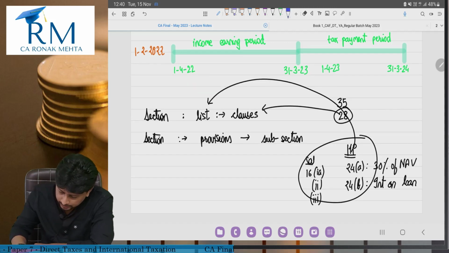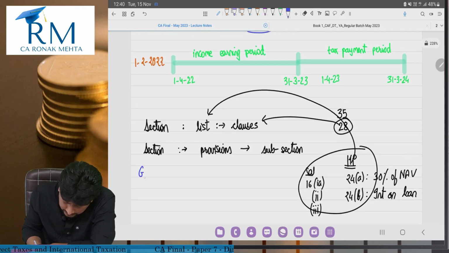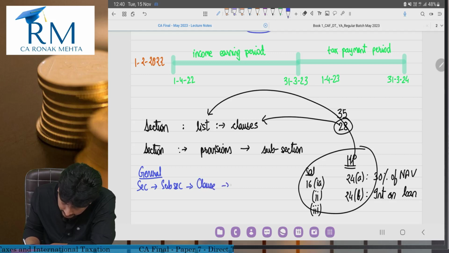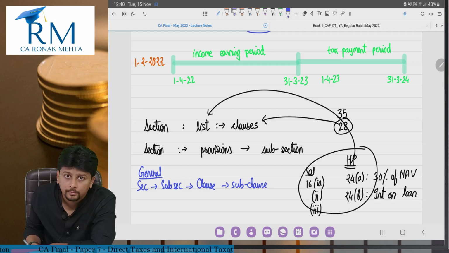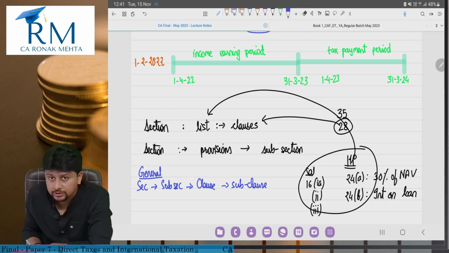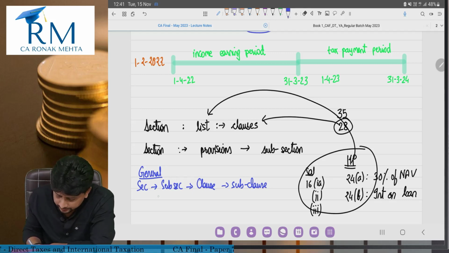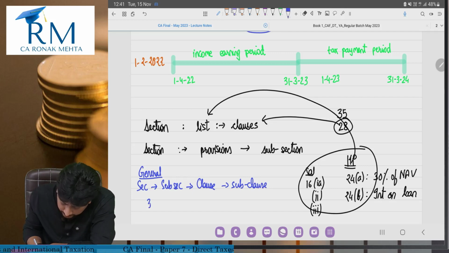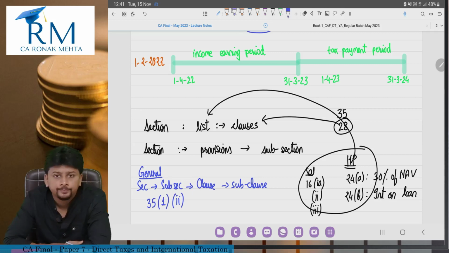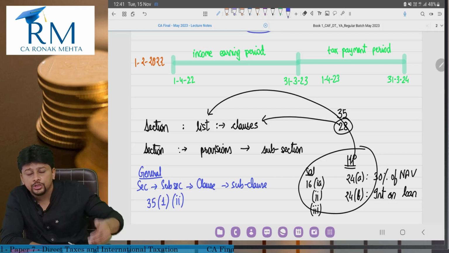So this is how it generally looks. Generally it is section, after that there is subsection, after that there is clause, after that there is subclause. I am just to give you an example, I might say scientific research is the perfect one. 35 1 2, 35 subsection 1 clause 2.